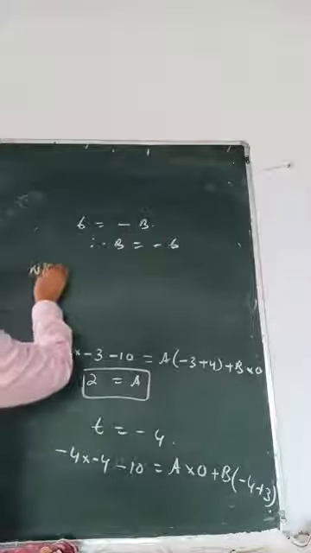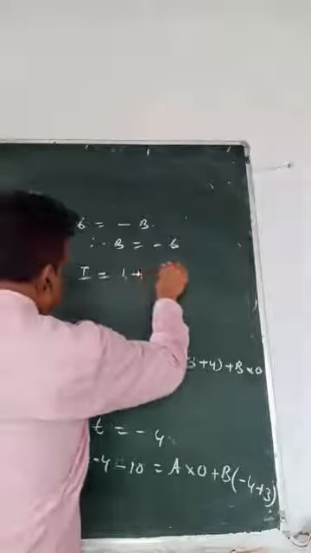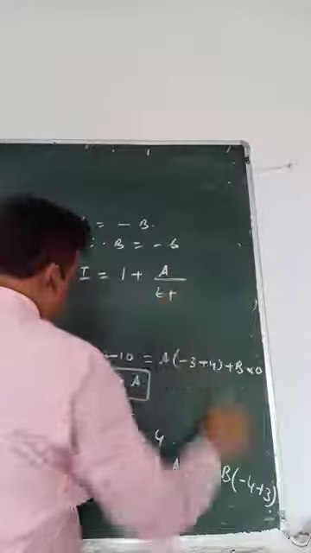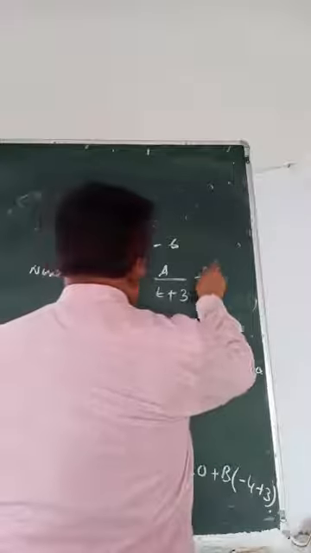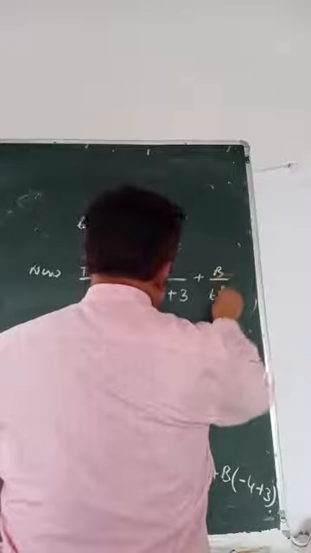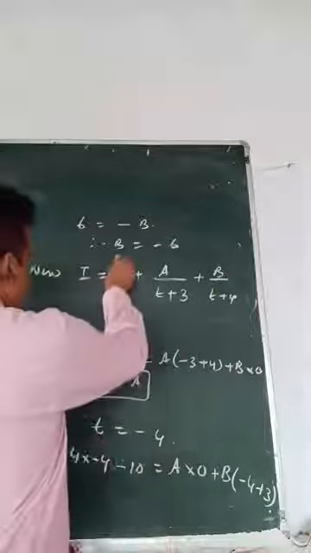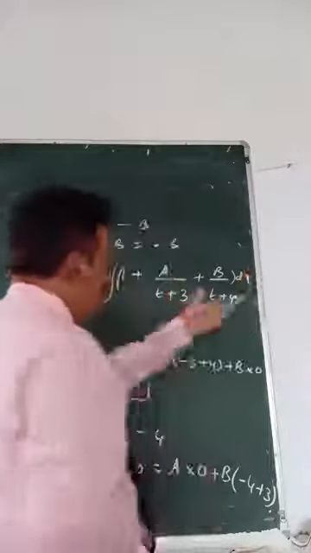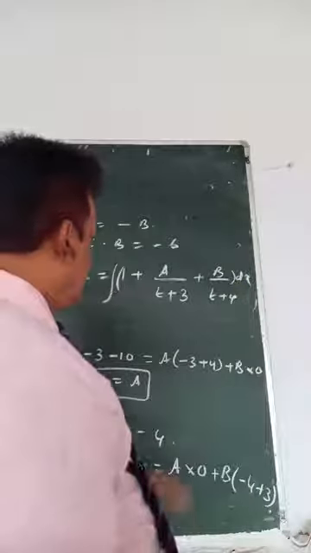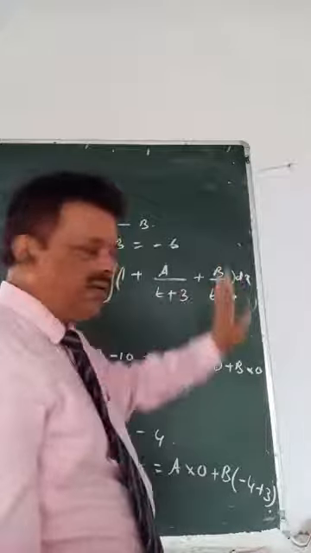Now your I was 1 plus A by t plus 3 plus B by t plus 4. Now let me put the integration sign here, with respect to x, because I have not taken the derivative. That means what I have to do? I have to put back the value of t if I am to integrate.